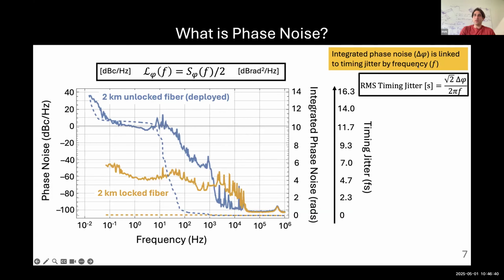We can just convert between the two using this equation. And so we're targeting less than 100 attosecond timing jitter for our network.